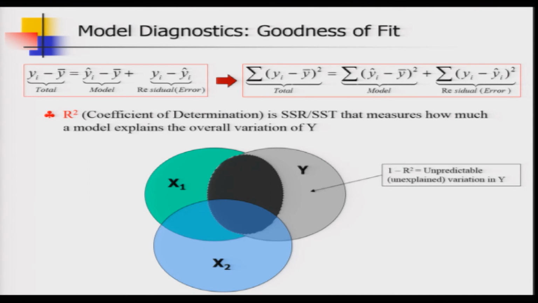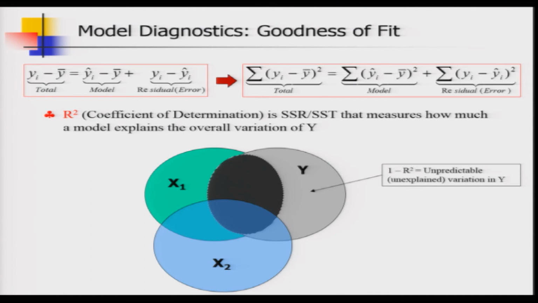The first component is the variation captured by the model, and that is y hat i minus y bar, and then there is of course a residual or error, which is y i minus y hat i. Okay. Now, that equation can be used to write another expression.